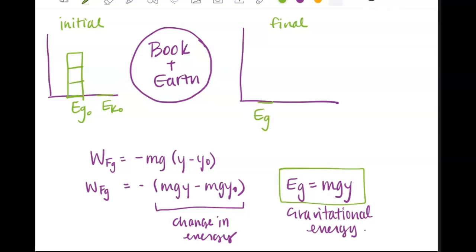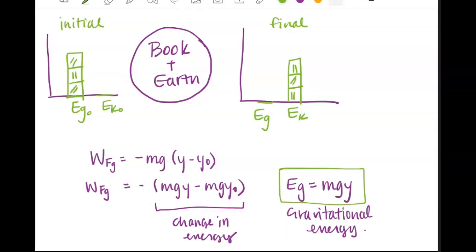And then because energy cannot be created or destroyed, only transferred, and work does the transferring, it's the agent that does the transferring, but there's nothing outside my system in this case. I would get 3 blocks, and these 3 blocks of gravitational energy are now the kinetic energy.